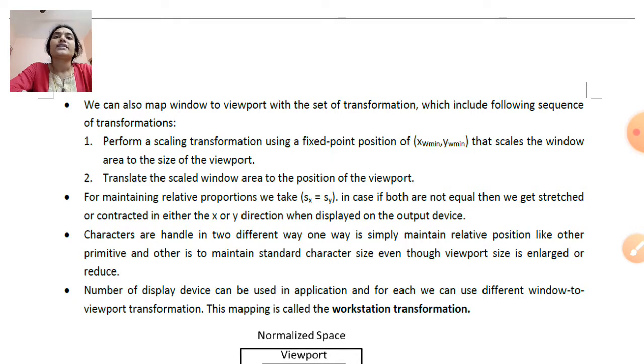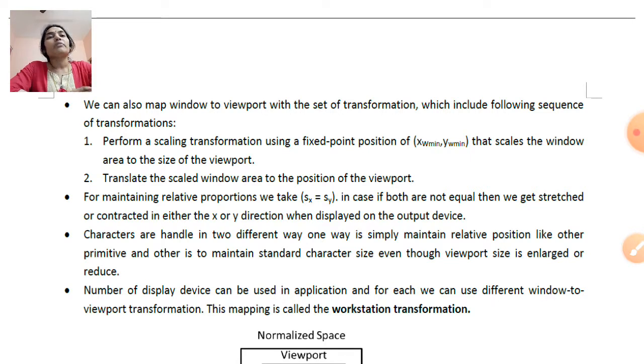Second, translate the scaled window area to the position of the viewport. In this way we can map the window to the viewport according to the following sequence of transformation steps.